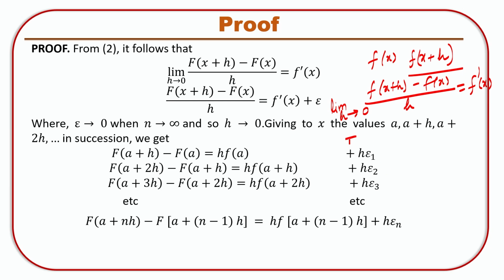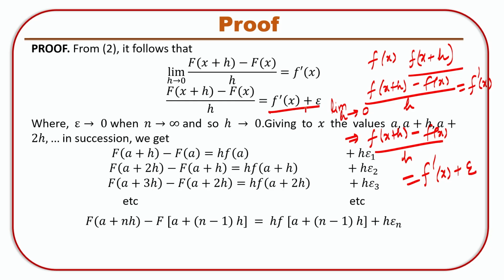Now, since this is a limiting value, there is some perturbation that leads to some differences. If you want to remove this limit from the left hand side, you need to add something on the right hand side, and that is the beauty of calculus. So now if I want to write (f(x plus h) minus f(x)) divided by h without the limiting value, if I want to eradicate the limiting value on the left hand side, then I have to add something: f dash of x plus some epsilon.